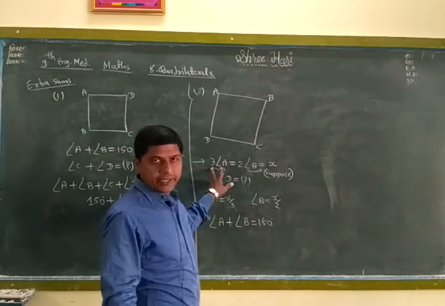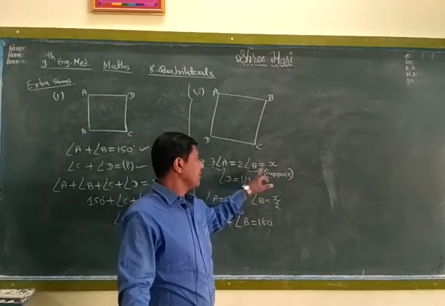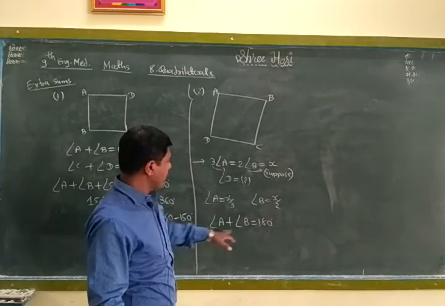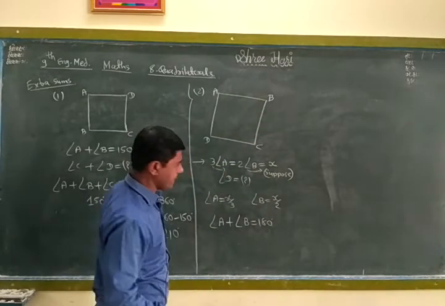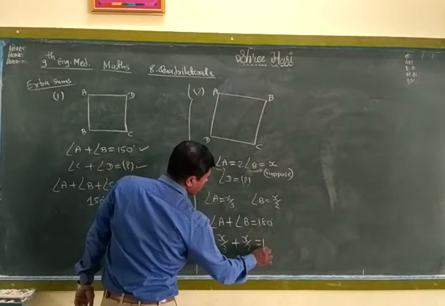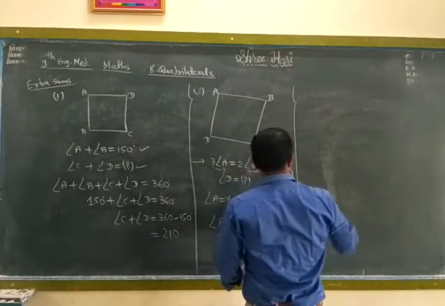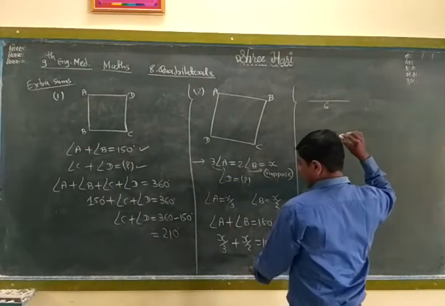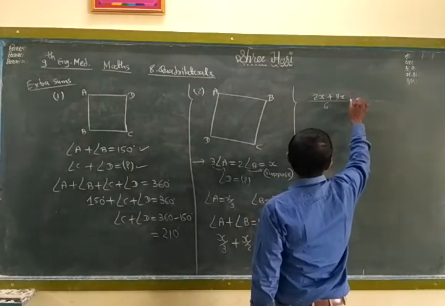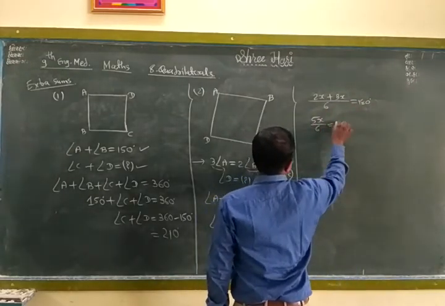3 angle A is equal to X, so 3 going down, angle A is equal to X by 3. 2 angle B is equal to X, so angle B is equal to X by 2. Angle A plus B is equal to 180, so X by 3 plus X by 2 is equal to 180. LCM is 6, cross multiply: 2x plus 3x. 2 plus 3, 5x by 6 is equal to 180.